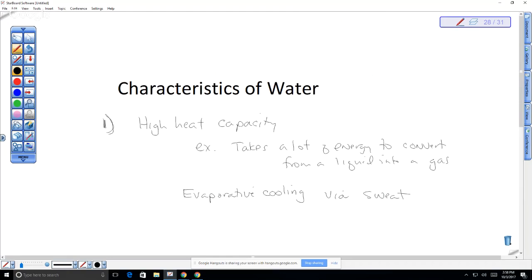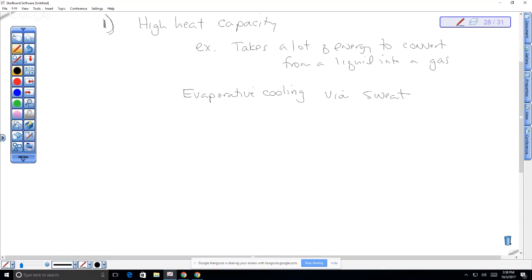Now, the reason why water has this characteristic is that we have hydrogen bonding. Many of these characteristics are due to hydrogen bonds between water molecules.